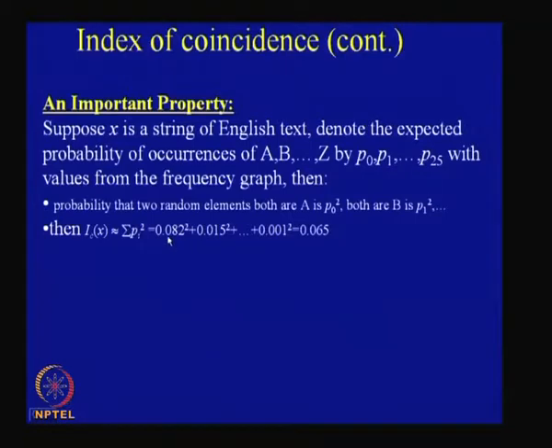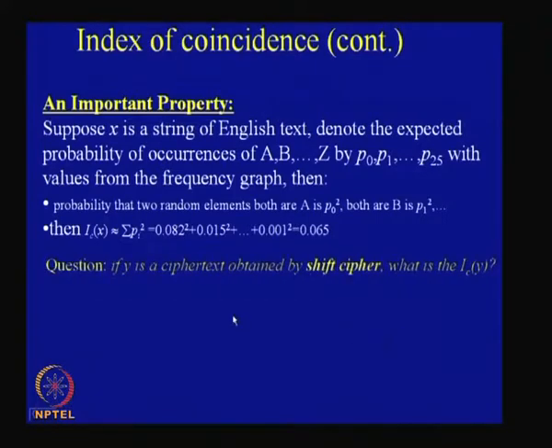If you take the squares, like 0.082 square plus 0.015 square plus so on, you get a value of 0.065. This value is very important, and I will tell you exactly why, but please remember this number. So it is 0.065, okay.